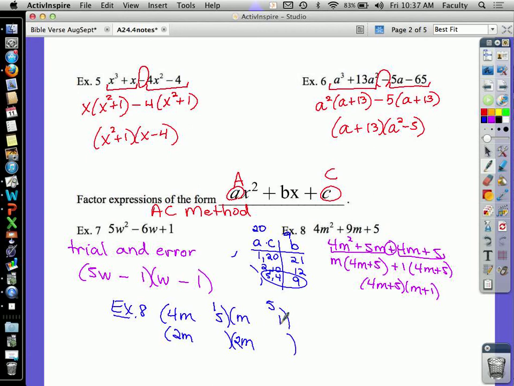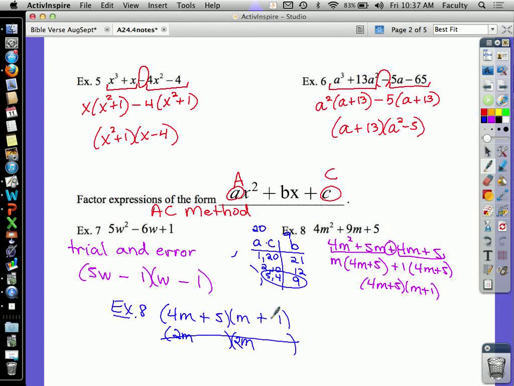And so if I do the bottom row, that's 4m plus 5m, that's 9m, I got it. If I try the other way, that's 20m plus 1m, that's 21. So then I don't even need to try this one because I got it pretty quickly. Okay, so then I have to consider my signs, and they're both pluses.